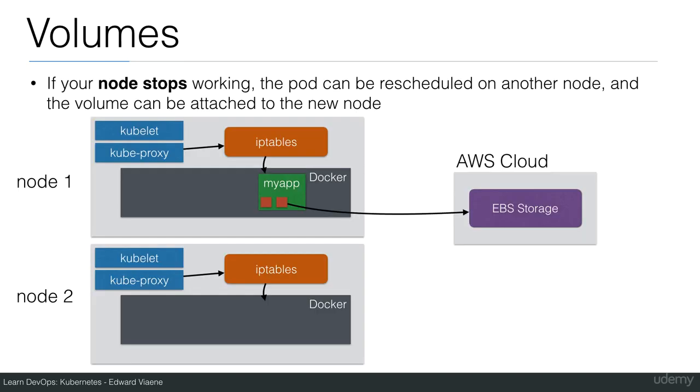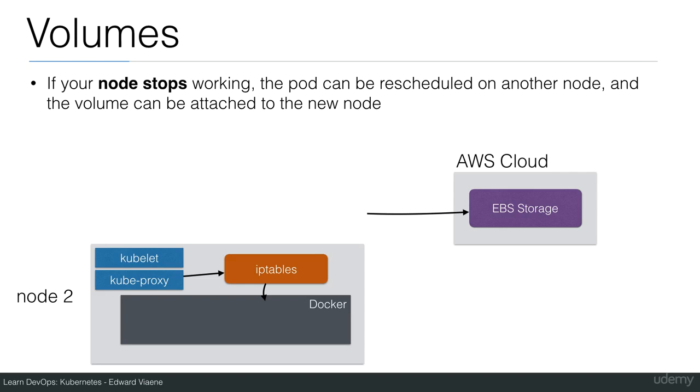Let me show you an AWS EBS example. If your node stops working, the pod can be rescheduled on another node, and the volume can be attached to the new node. So here we have node 1 and node 2. Node 2 doesn't have any pods. Node 1 has my app, and my app is using EBS storage. Let's say that node 1 completely disappears.